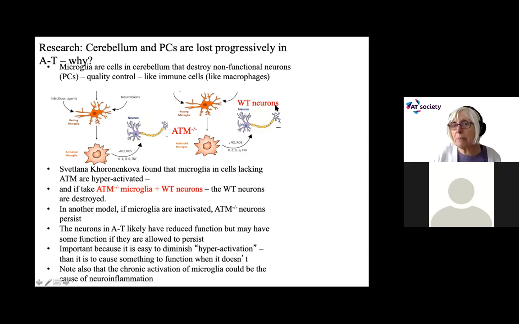And this may explain why you're specifically losing these cells in the cerebellum. And certainly these microglia from ATM appear capable of destroying good neurons, at least wild-type neurons.